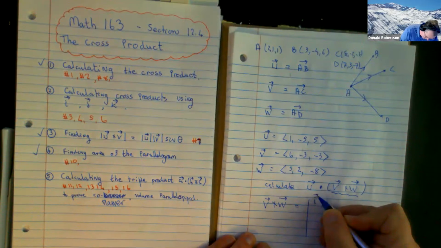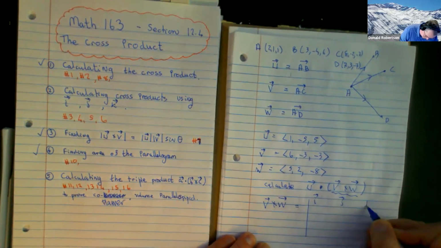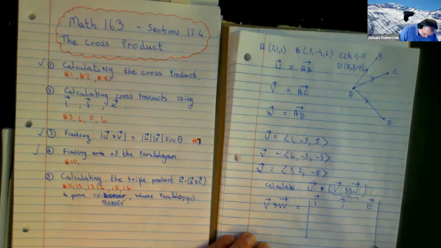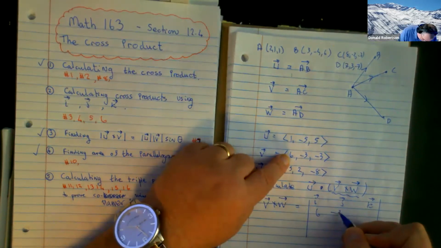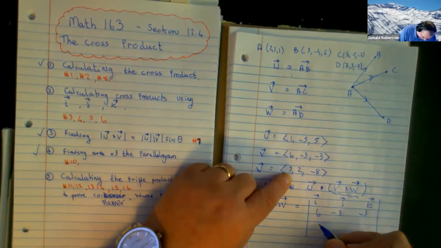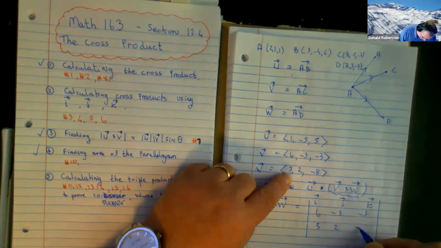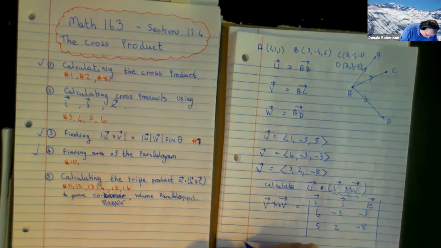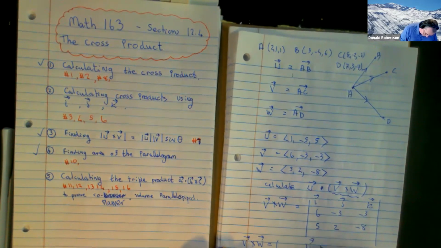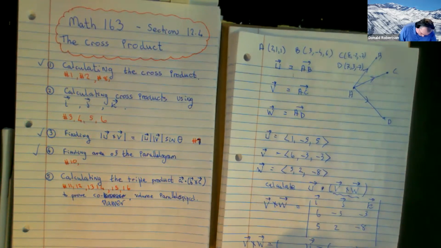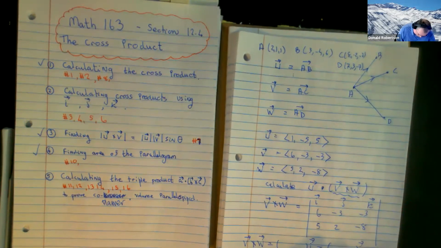So we have an i, we have a j, and we have a k. And this is V, and this is W. And so my cross product is going to be so many i's, take away so many j's, plus so many k's.